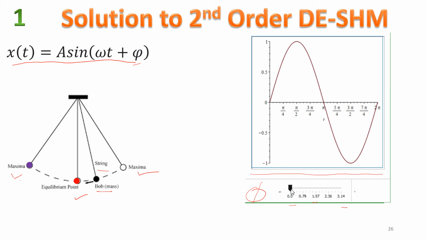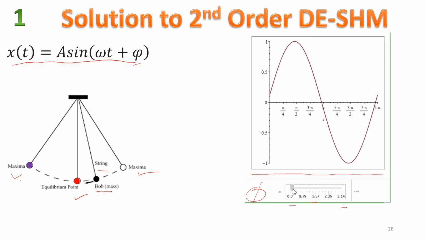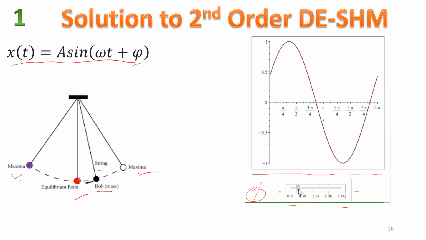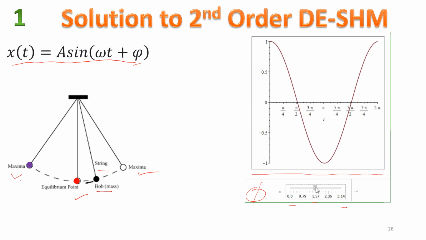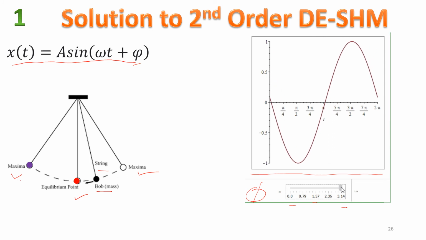So here you can see when the slider is moved from 0 to pi by 2, it becomes cosinusoidal representation, and if you take it beyond, then the wave is further shifted. So this is the role of phase, you can understand.